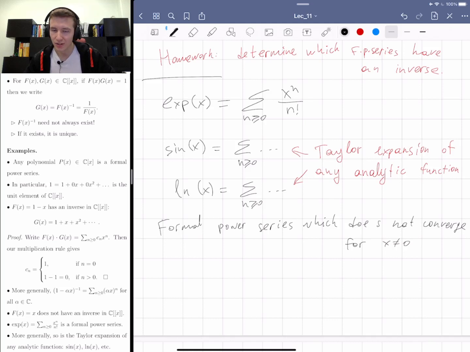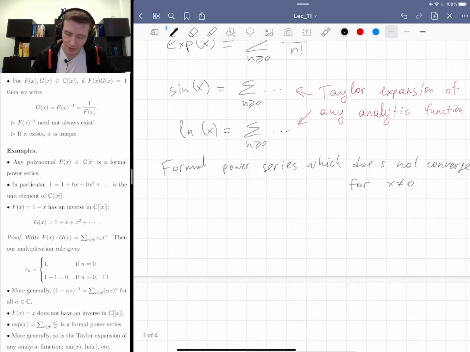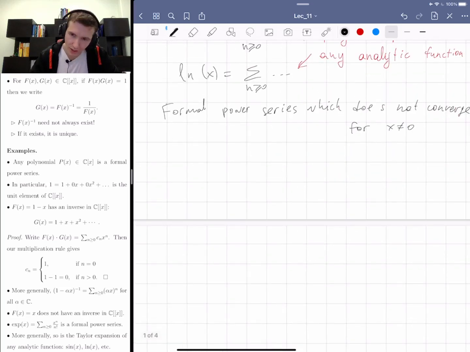Okay, that one's actually... Oh, okay, that is interesting. Now let me try more examples. 1 plus x squared over 2 plus x cubed over 3 plus etc. I think that converges. So this converges.